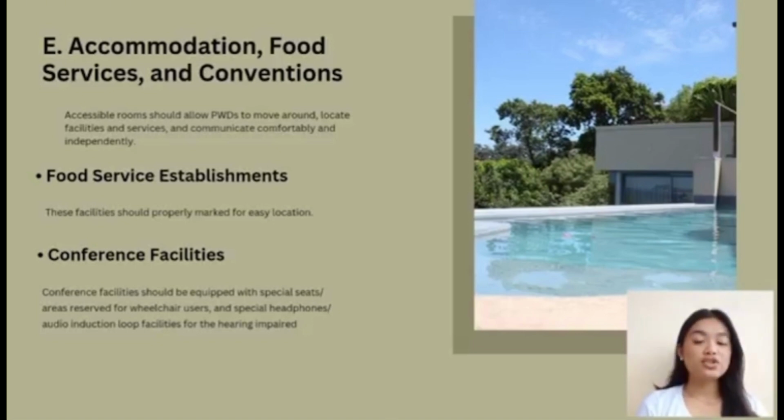Conference facilities should be equipped with special seats, areas reserved for wheelchair users, and special headphones, audio induction loop facilities for the hearing impaired. The best example that follows this principle are the hotels in Scotland. In Scotland, they aim to provide plenty of wheelchair accessible and disability-friendly accommodation options.